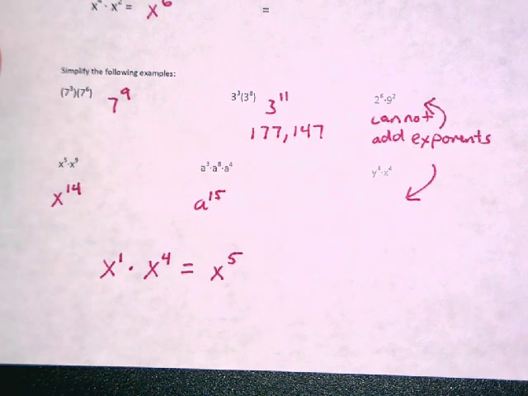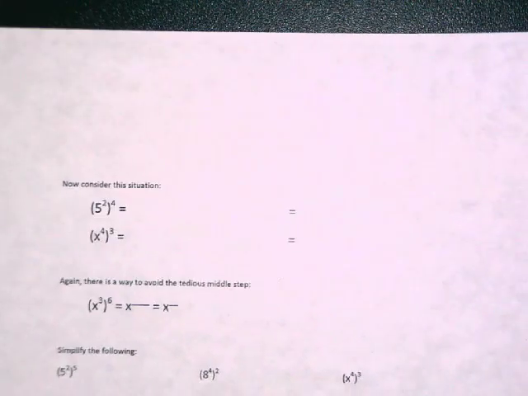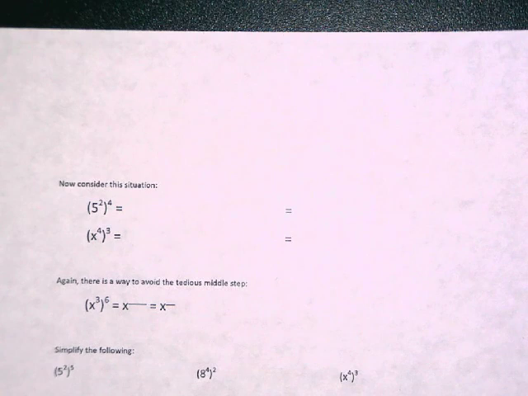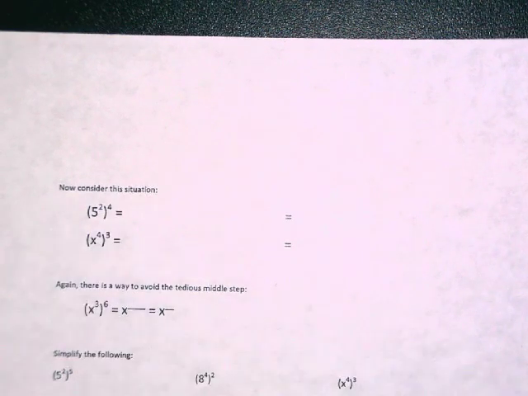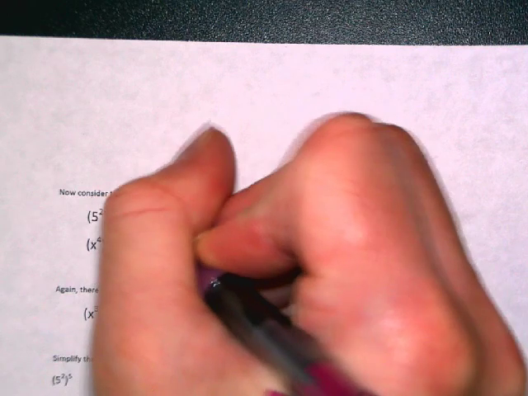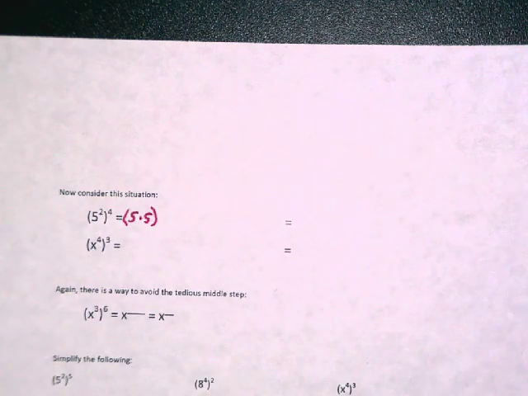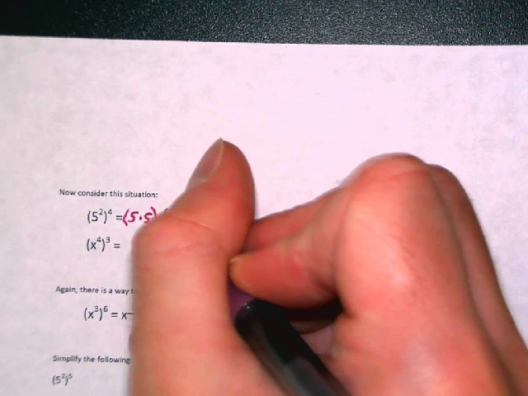All right, so that is our product rule. When we're multiplying with the same base, we add the exponents. If you move over to the top right, this is our power to a power rule, meaning we've got an exponent raised to an exponent. So if I have 5 squared raised to the 4th, what that means is 5 times 5, 4 times.